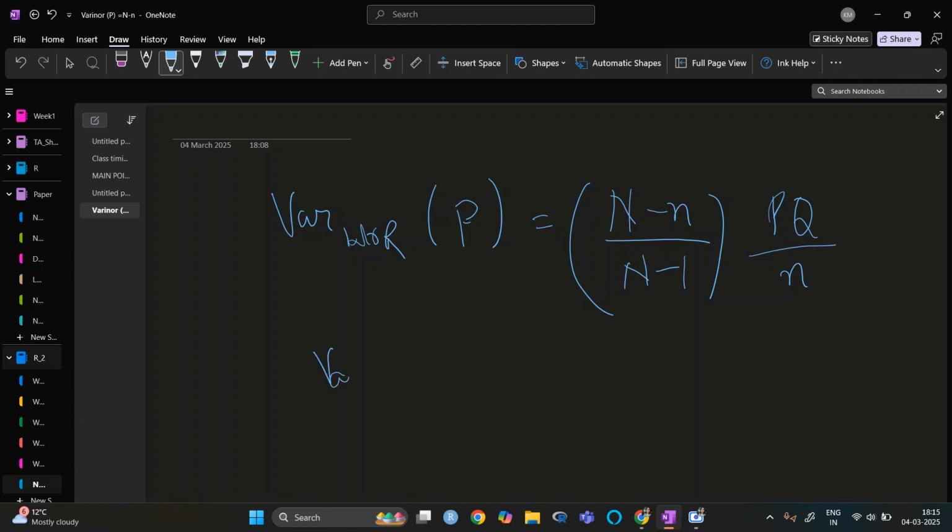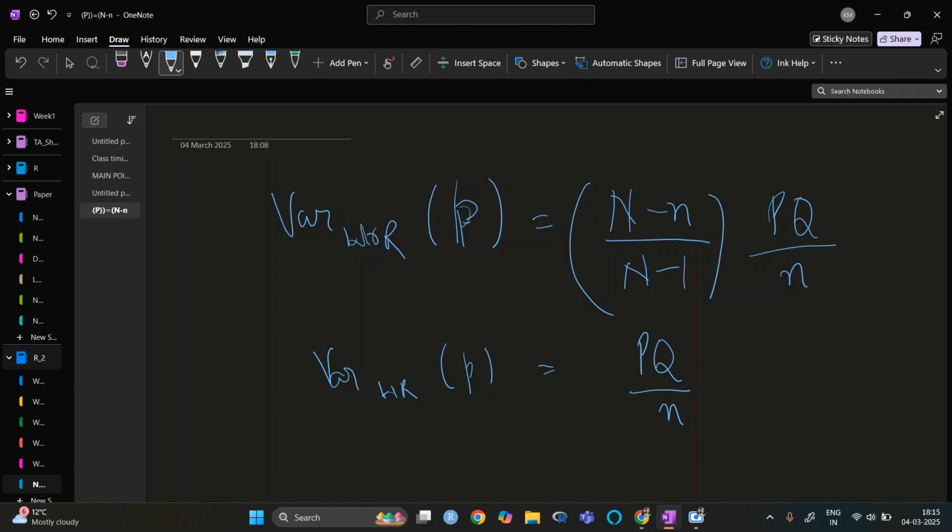And similarly for this, it will be pq upon n only, because it was just s square upon n. So this one will be for without replacement, and this one will be for with replacement.